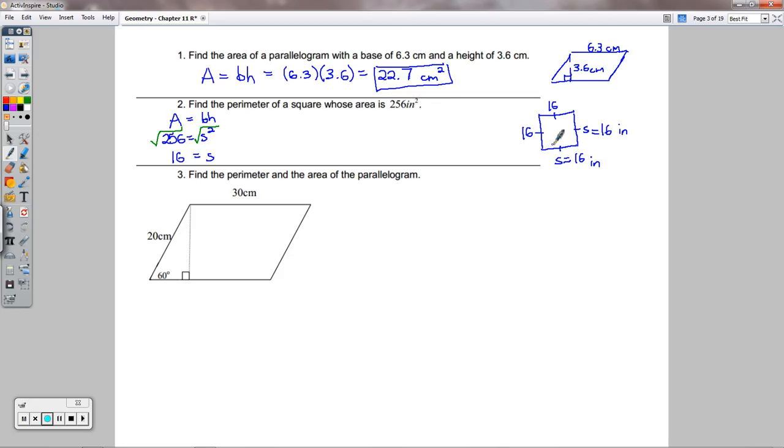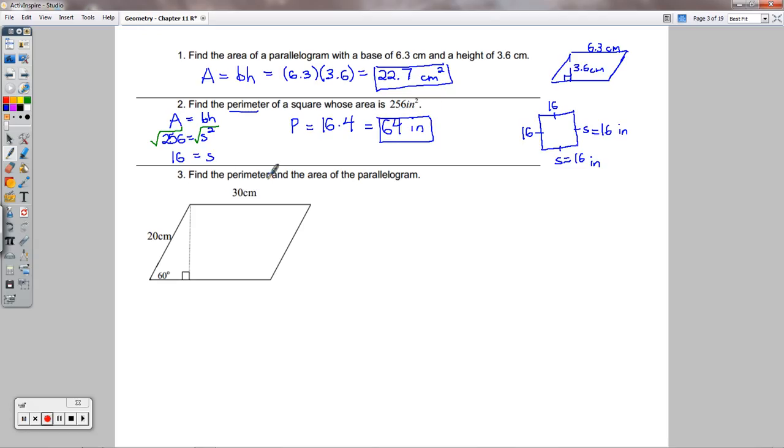Since this is a square, they're all the same. The perimeter is what we're trying to find. The perimeter would be either 16 times 4 or 16 plus 16 plus 16 plus 16 is literally what the perimeter is. Add all the sides up. So I'm just going to write 16 times 4, because that's the simpler way to write that. That would be 64 inches all the way around.